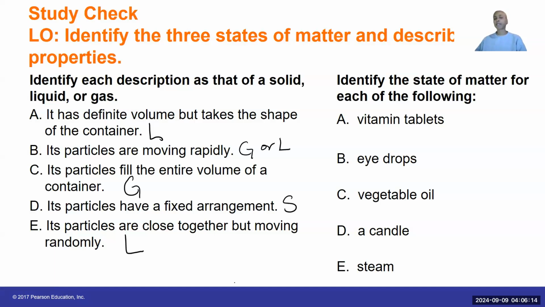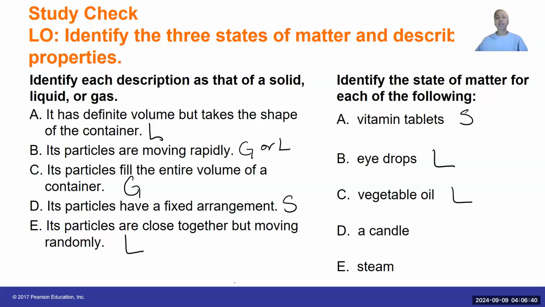All right, let's look at this other set of questions. Identify the state of matter for each of the following. Vitamin tablets, solids. What about eye drops? You guessed it, liquids. Vegetable oil. That's a liquid as well. It's just a thick, viscous liquid. And that's because its molecules are really large and they have a lot of interaction with each other.